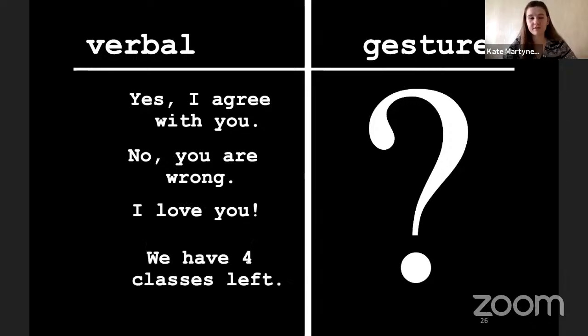I love you. We have 4 classes left. What gesture or gestures do we use? Yes, like a thumb up. Okay, we have 4 classes left. Keep it up. When it's about numbers in our sentences, we usually show the numbers with our fingers, like there are 3 classes left, or there's 1 class left. Movements of hands.